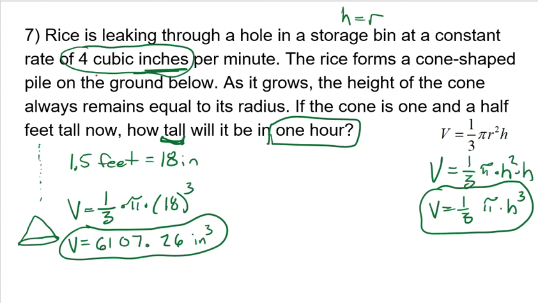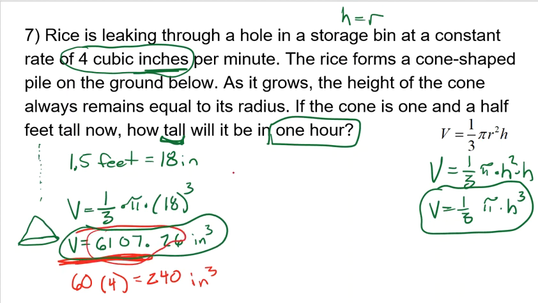So every minute we're adding 4 more cubic inches to this volume. So in the course of 60 minutes, 60 times 4 is 240. So at the end of 60 minutes, there will be 240 more cubic inches added to this current volume.